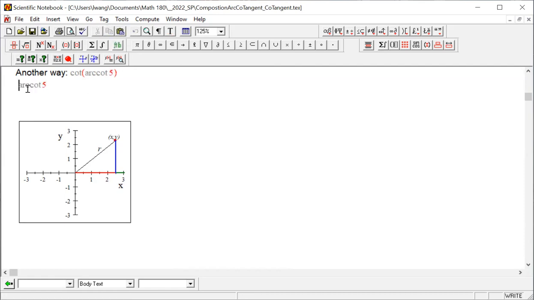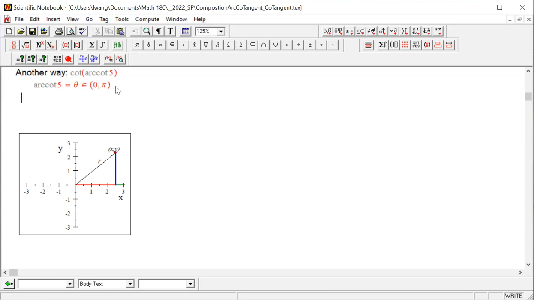The inside, arc cotangent, is going to be an angle. Provided that this angle is arc cotangent, and because I know the range of arc cotangent, I know this angle is going to be between 0 and pi. I will measure that, and I also know that cotangent of theta is equal to 5.